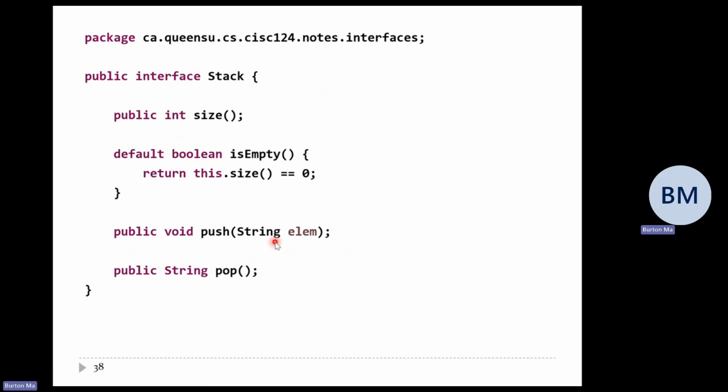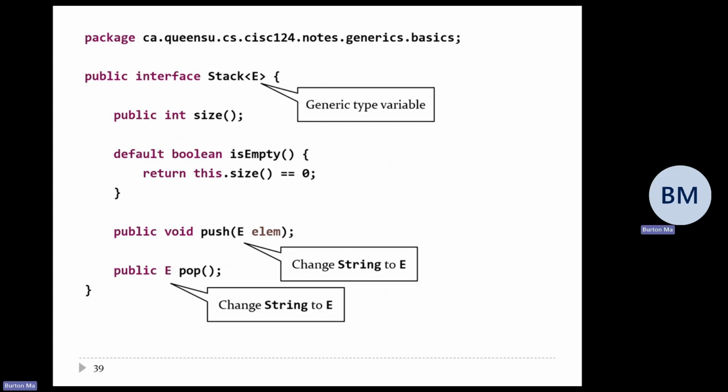Push takes in a string, pop returns a string. To turn it into a generic interface, add the generic type here, change string to E here, change string to E there, and now you have a generic interface. So converting a regular interface to a generic interface, again, is normally very easy.